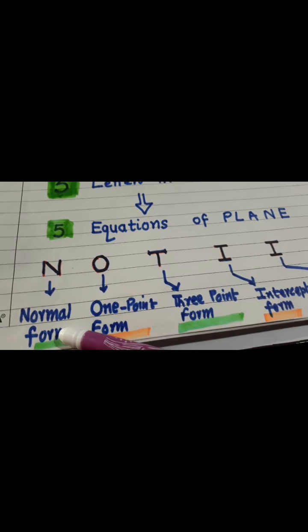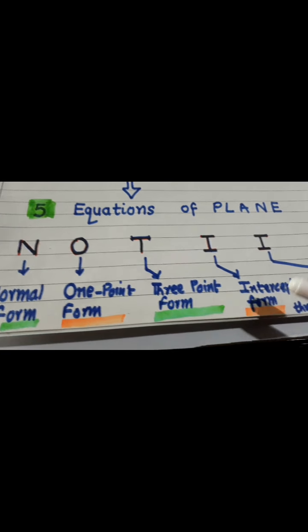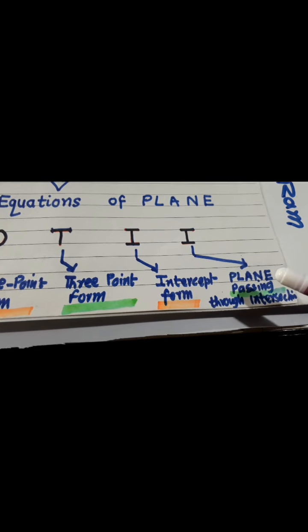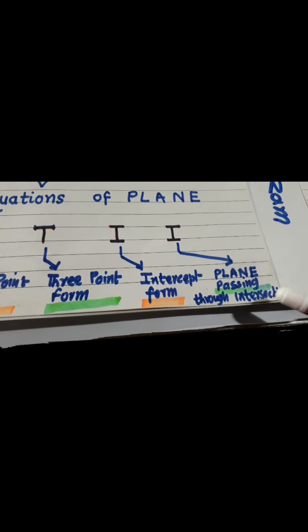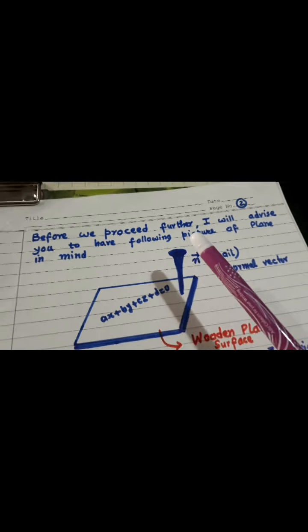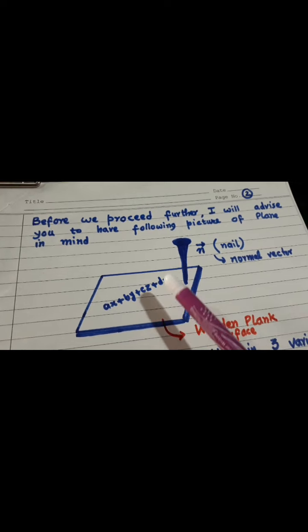So normal form, 1 point form, 3 point form, intercept form, and plane passing through intersection. Now, whenever a question on plane is there, you must have a picture of this in your mind.